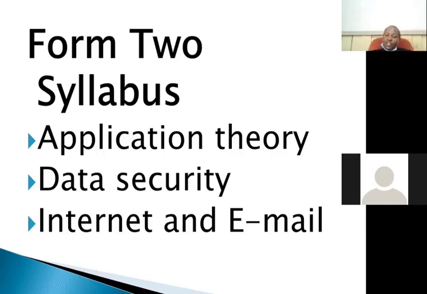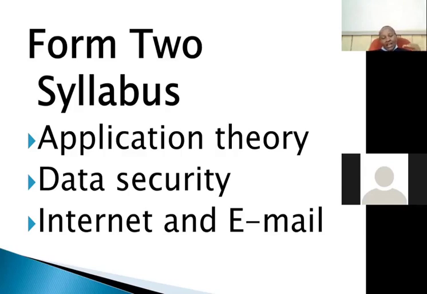For example, the introduction of spreadsheets, that is definition of spreadsheets, definition of terms, and components of a spreadsheet. You need to know about the data types that are used in spreadsheets. As a learner, at this point, you are not supposed to confuse the data types used in spreadsheets and the data types used in databases.